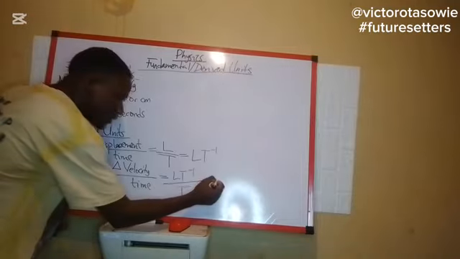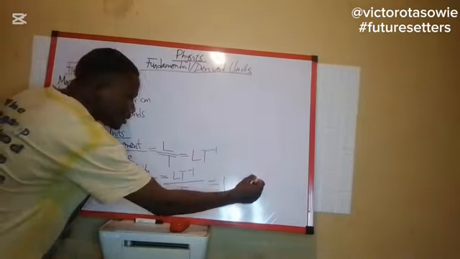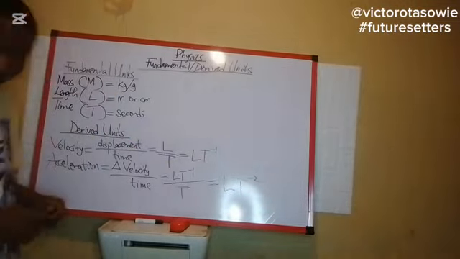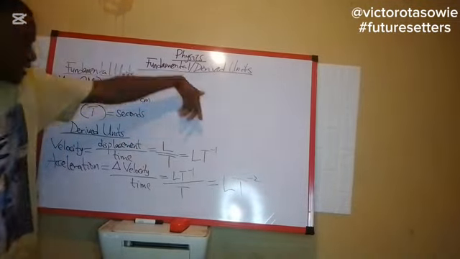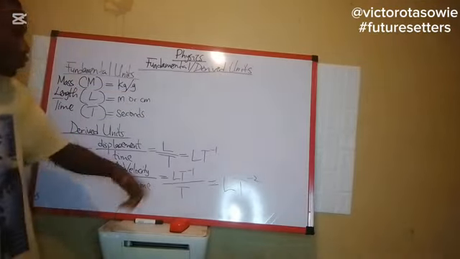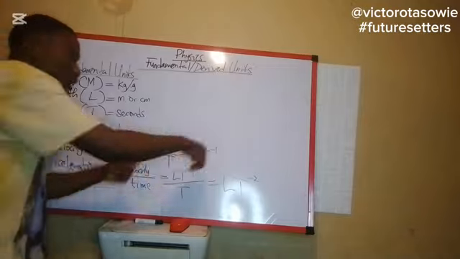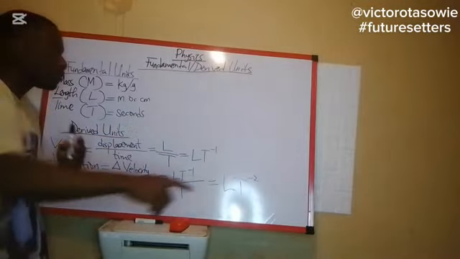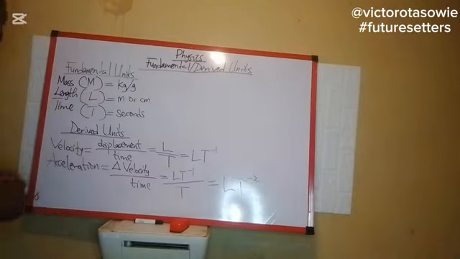That means acceleration is going to be L per T square. We have the velocity, which is length per time, over time. So if we take this T up again, it will be another inverse, which is LT raised to power minus 2.